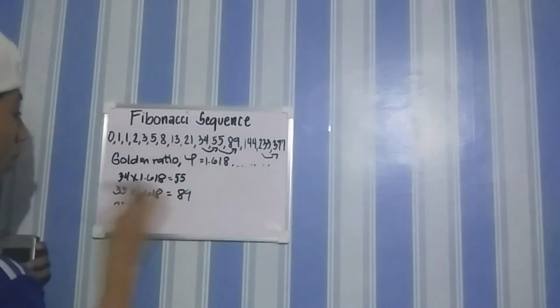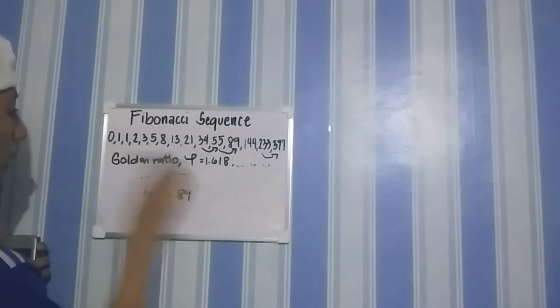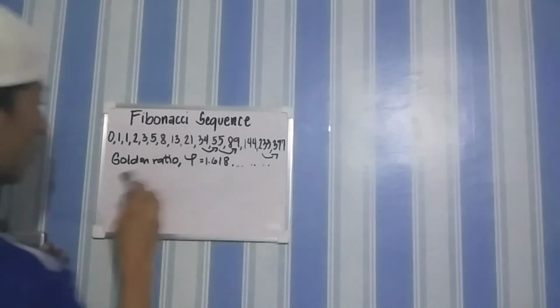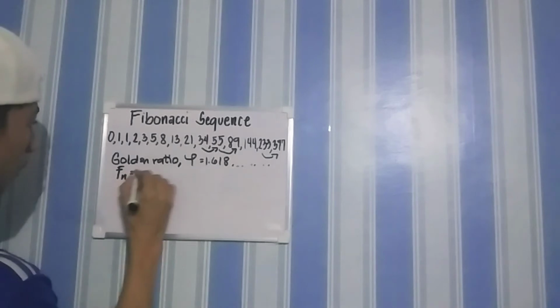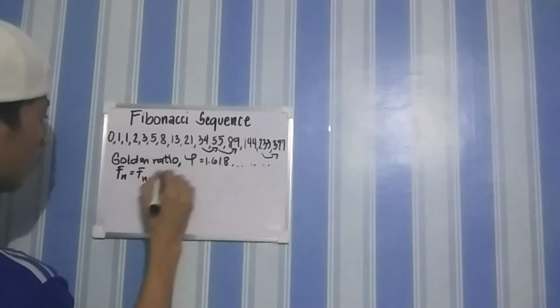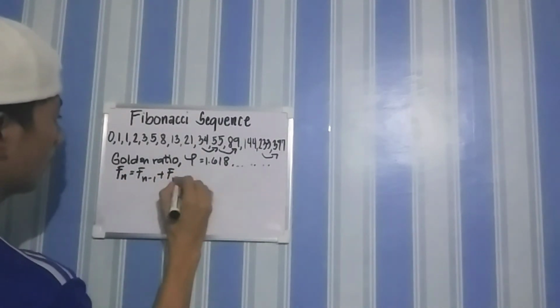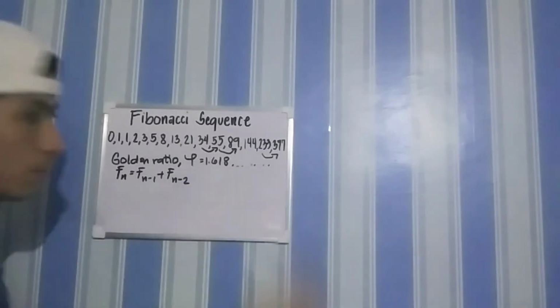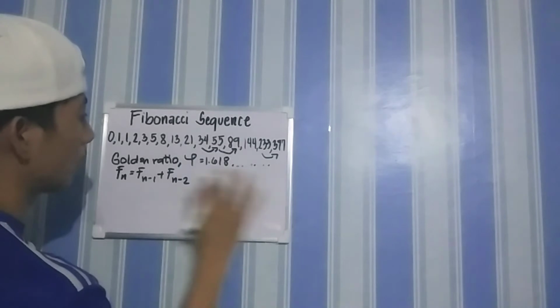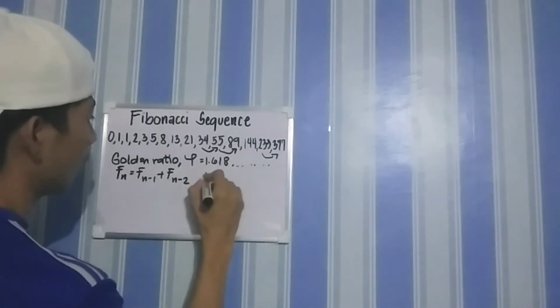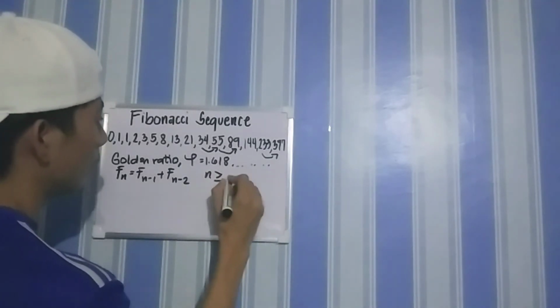So the rule of our Fibonacci sequence to determine the next number is f sub n is equal to f sub n minus 1 plus f sub n minus 2. In our previous video, this is the rule to determine the next number, where n is greater than or equal to 2.